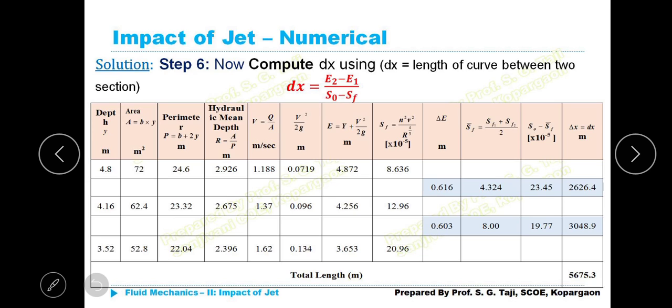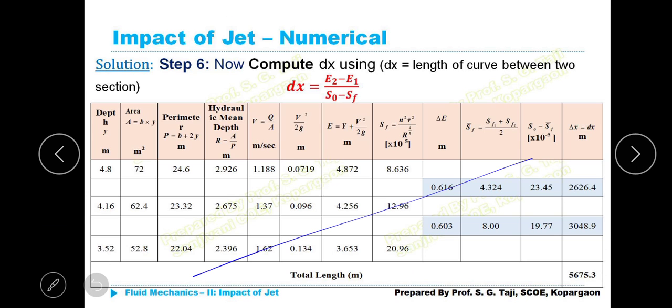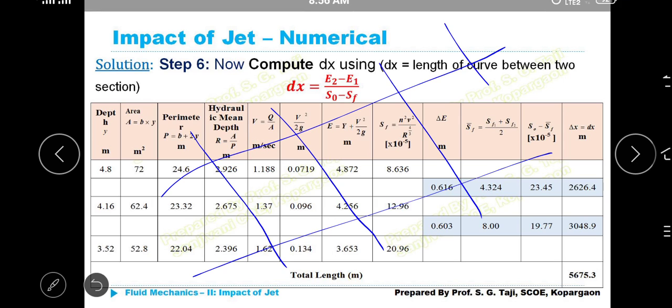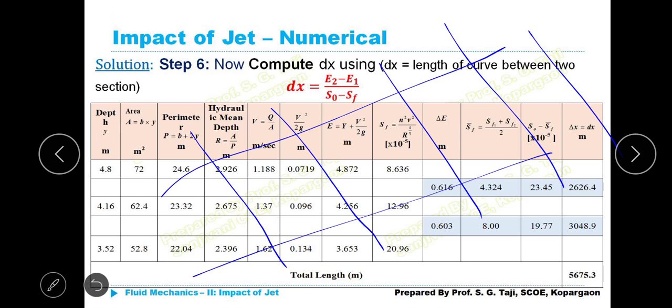Step 6. Now compute dx, which is the length of curve between 2 sections. Suppose I roughly write here and show. Suppose this is the channel section, and if I take section 1-1, section 2-2, section 3-3, section 4-4, section 5-5, etc. But we have to do only 2 steps, meaning 3 depths.